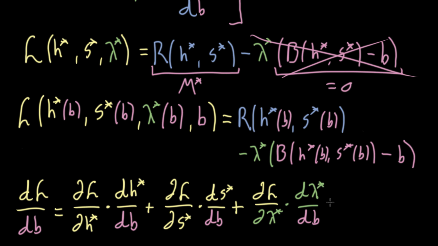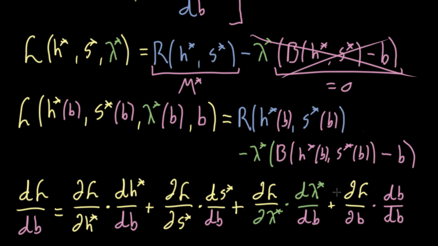And then finally, we take the partial derivative of this Lagrangian with respect to that little b, which we're now considering a variable in there. We're no longer considering b a constant. This is multiplied by, well, something kind of silly, the derivative of b with respect to itself.